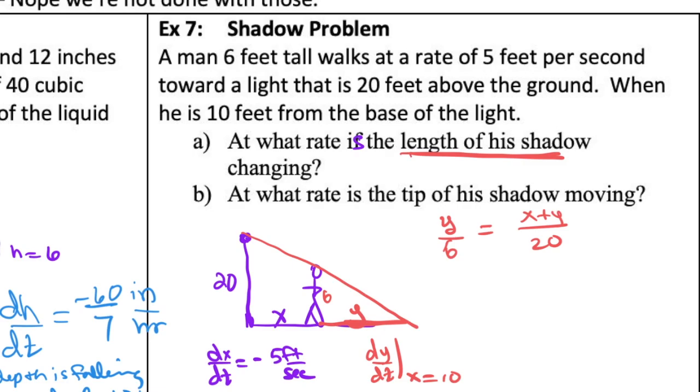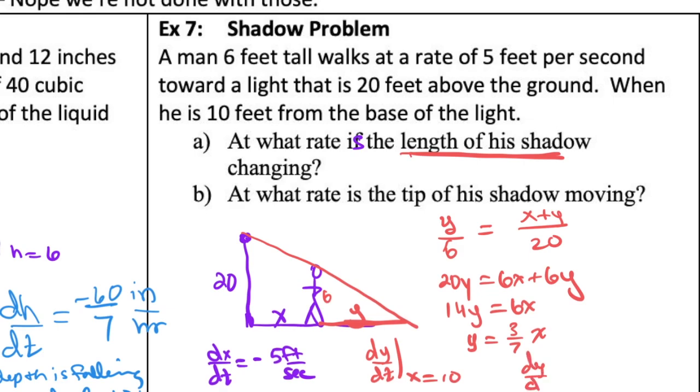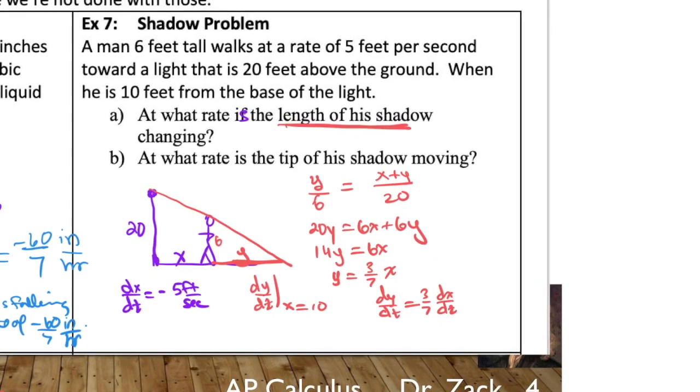There we go. Cross multiply. 20y equals 6x plus 6y. So we now know 14y equals your 6x. Or y equals 3 over 7 x. Now we're ready for a derivative. dy/dt equals 3 over 7 dx/dt. So now let's substitute.